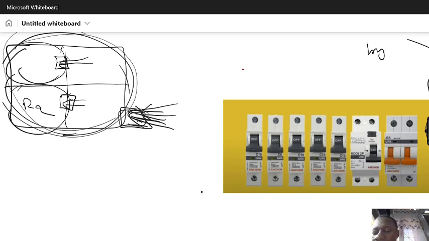Now, if you see, it has 4 poles. The first terminal here is going to be the supply. We already discussed that it does not matter if I put the live here and the neutral here. I can also put the neutral here and the live here.